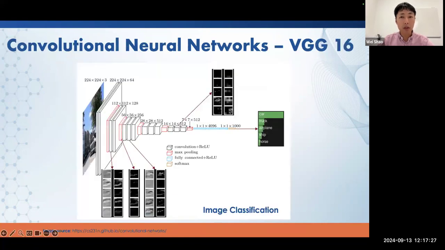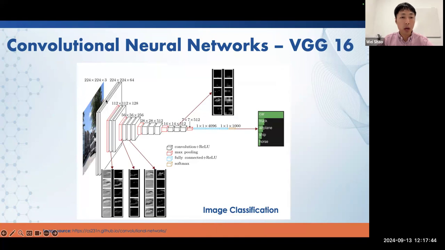This is a very classical convolutional network called VGG16. It has 16 layers. My input, for example for image classification, is an RGB image, so it has 3 channels, and the input image size is 224 by 224.